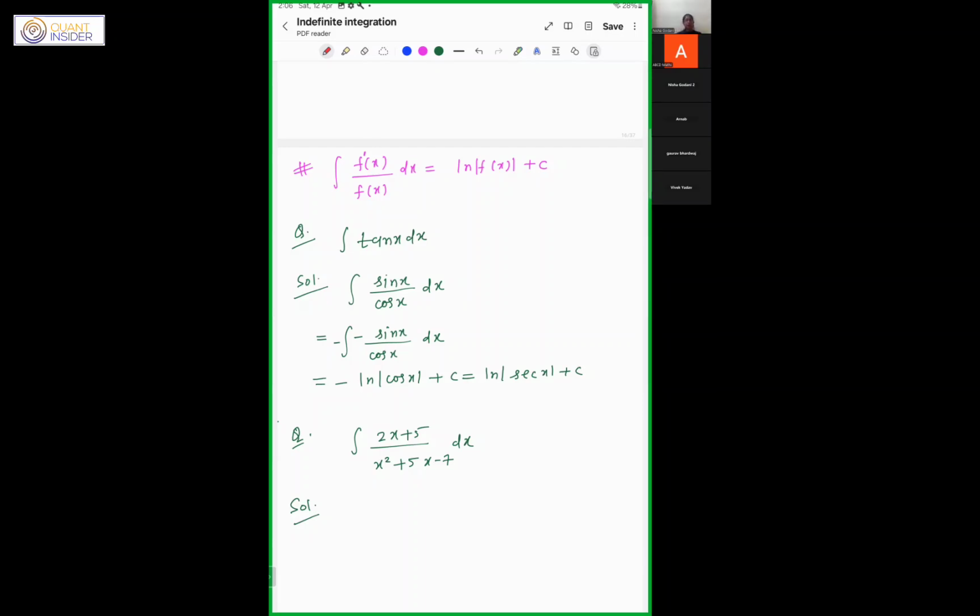So fx is in the denominator and derivative of fx, that is f dash x, is in the numerator. Then integration will give log of the denominator function. So if you have any question like that, where its derivative is present in the numerator, the integration becomes log of the function.